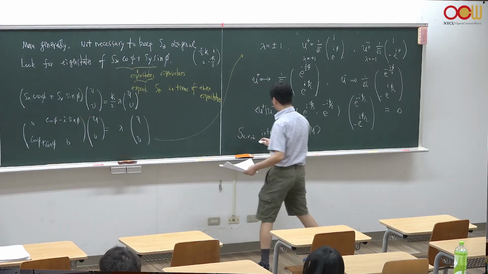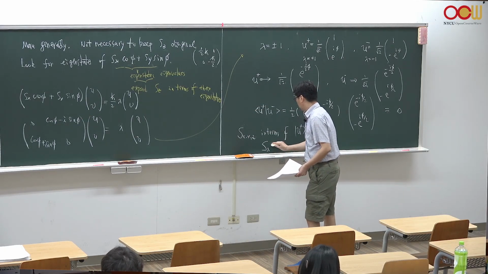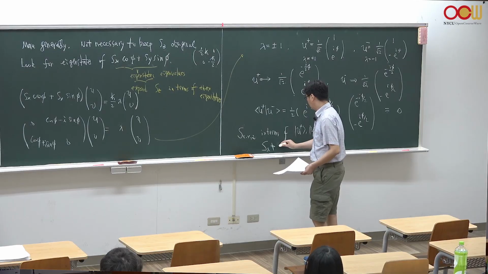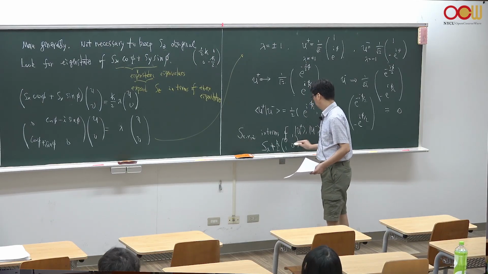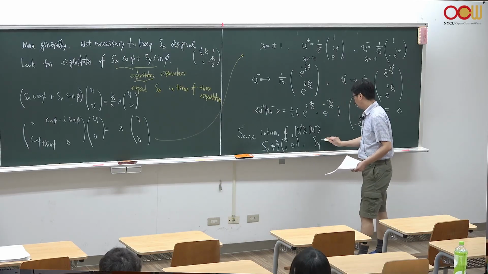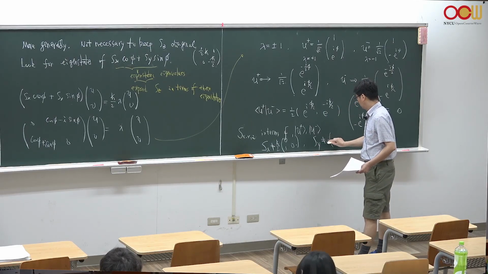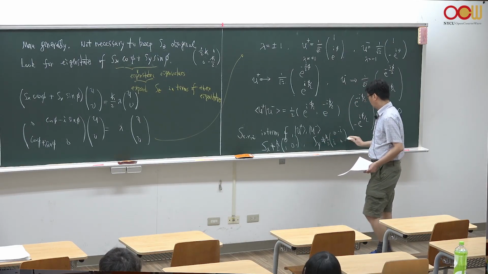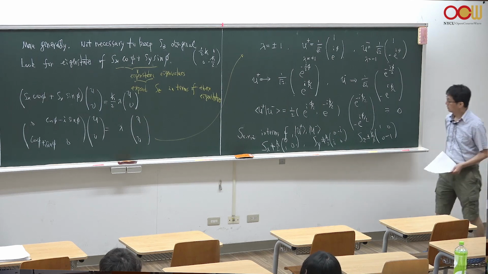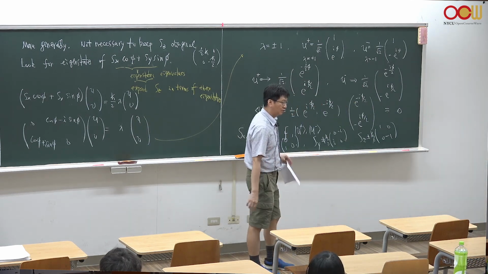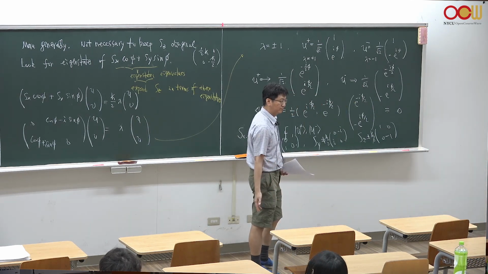Of course, when you do so, this Sx will not be simply the one that you just defined, and Sy will not be this, and Sz will not be this. But even so, their commutation relations are exactly the same.